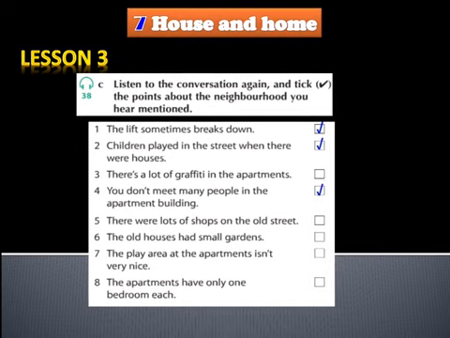You don't meet many people in the apartment building. The old houses had small gardens. The play area at the apartments isn't very nice. These five points are mentioned in the conversation between the two people.